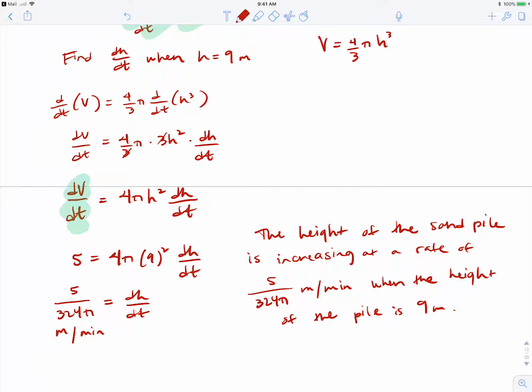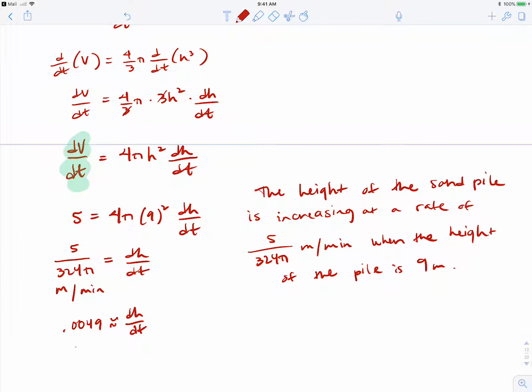You could get the decimal approximation too, so 5 over 324 pi is approximately 0.0049 meters per minute.